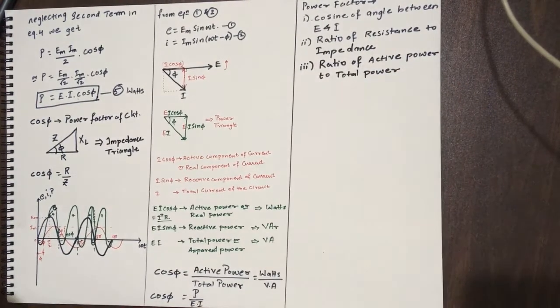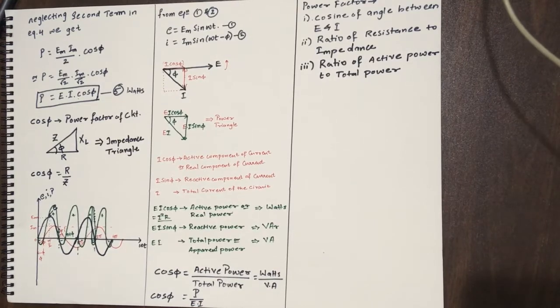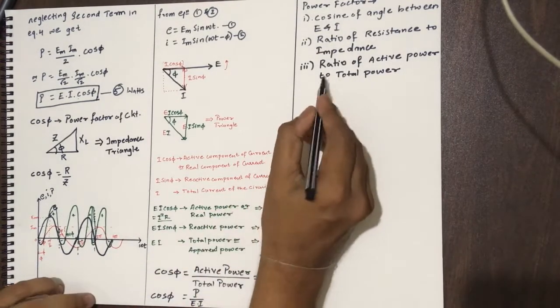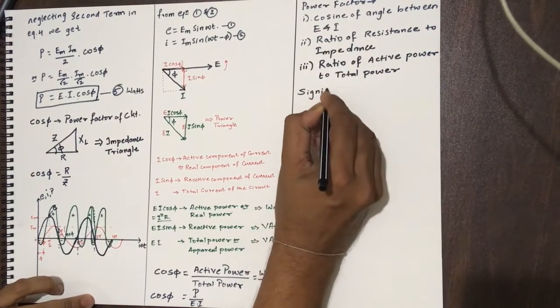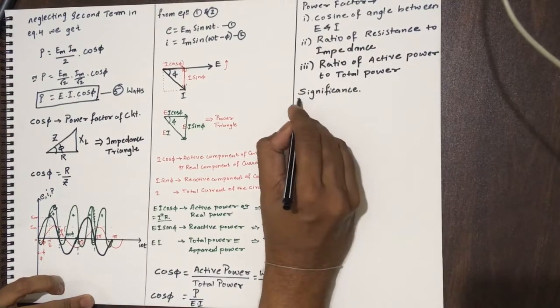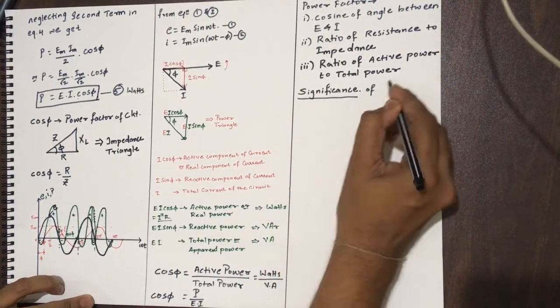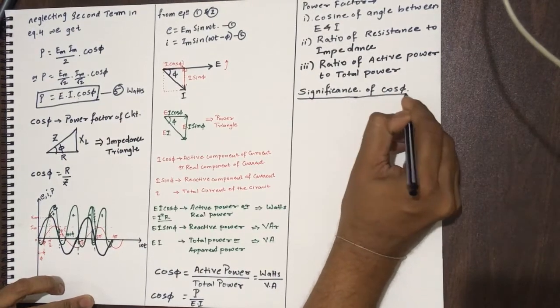So we can find power factor when I know what is the angle between E and I, or when I know the circuit components R and Z, and also when I know what is active power and what is the total power of the circuit. Now, significance of power factor. Significance of cos phi in the circuit.